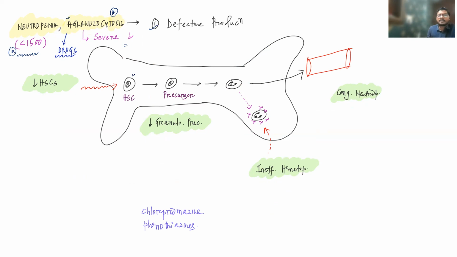A defect in hematopoietic stem cells will not only cause a reduction in the neutrophils, it will also cause a reduction in all other lineage cells. So most of the time, hematopoietic stem cell damage will cause pancytopenia.